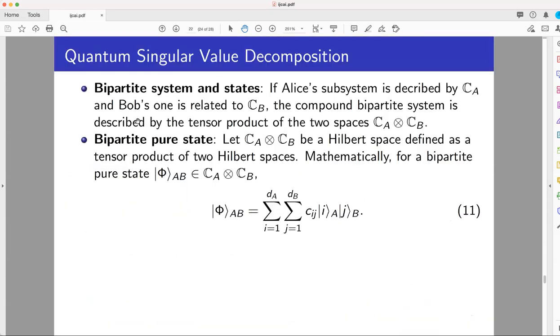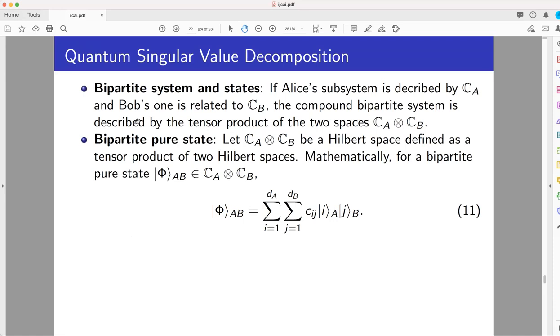Recent work shows that we can formulate such a problem as a bipartite system and make use of the bipartite pure state to set up quantum singular value decomposition. So what are the bipartite system and states? For SVD, we can consider two important transformation matrices. So we have to decompose all the qubits into two sides.